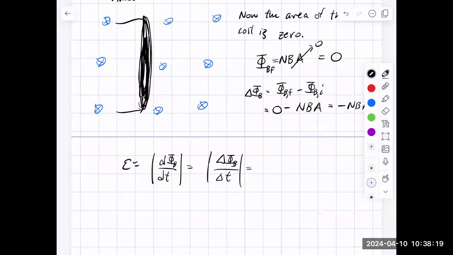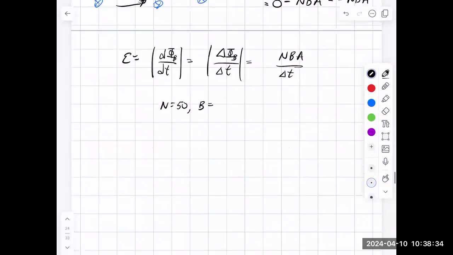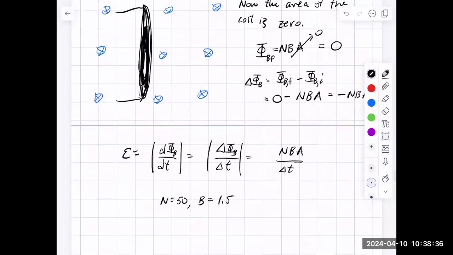I'm just worried about the magnitude right now. So NB times A divided by delta T. N is equal to 50. B was equal to 1.5, was it? 1.5 Tesla. A was equal to 0.25 meters squared, and delta T was 0.1 seconds.